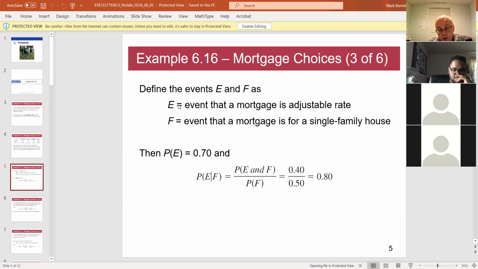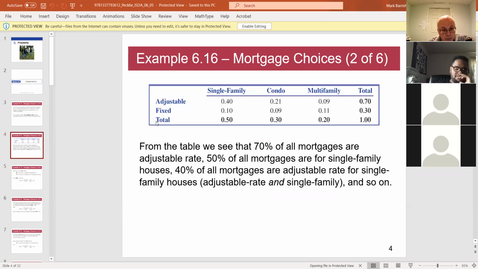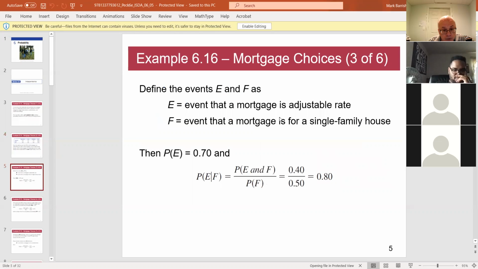Well, because there's only 2 types of mortgages, fixed and adjustable. We can say that the fixed rate is the complement of E. It's the E with the superscript C, which would mean not E. So any mortgage that is not adjustable rate would be fixed rate.